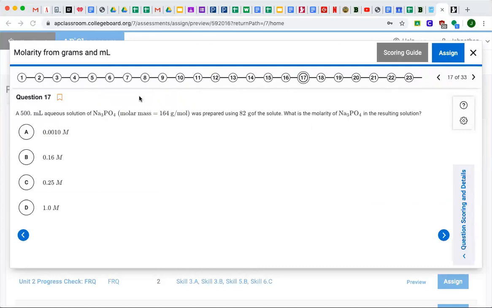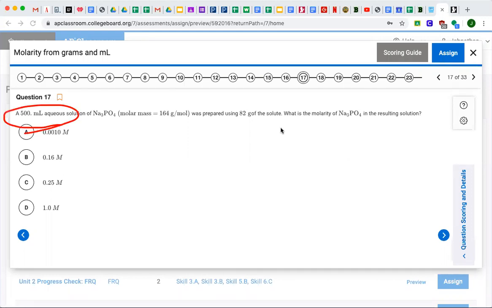Okay, so this is just a molarity calculation. Take 30 seconds. All right, Caden, take us through this one. Okay, so all we have here is a half a liter of solvent, half a mole of solute.